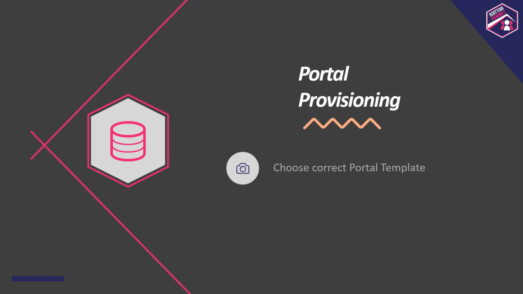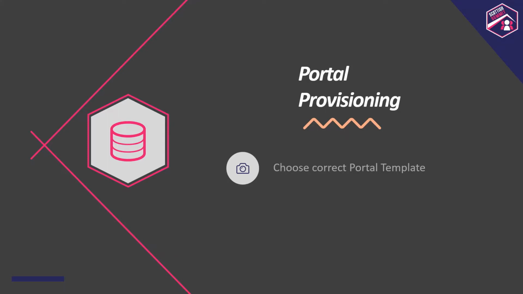So when you're installing a specific template, those web pages and web templates will be installed in your environment. Now, in the official documentation of the portals, Microsoft has a table comparing all the portal types. I would recommend you take a look at that table and choose the correct portal template.